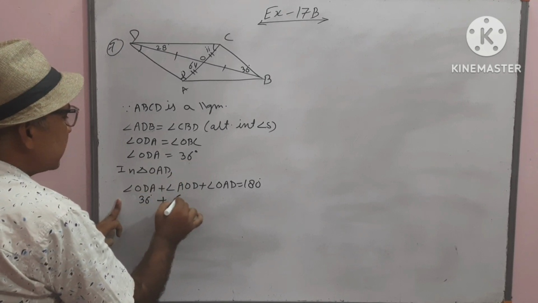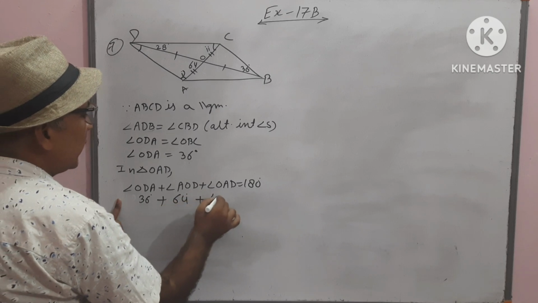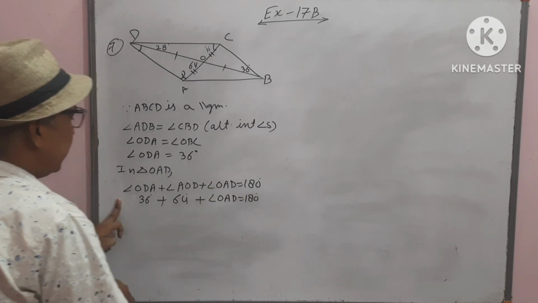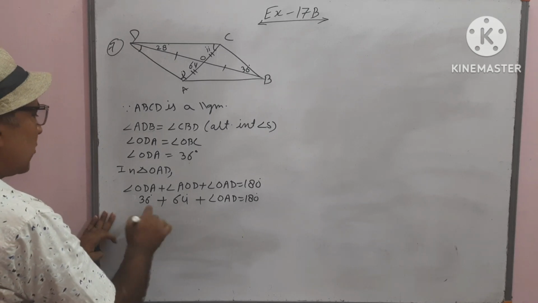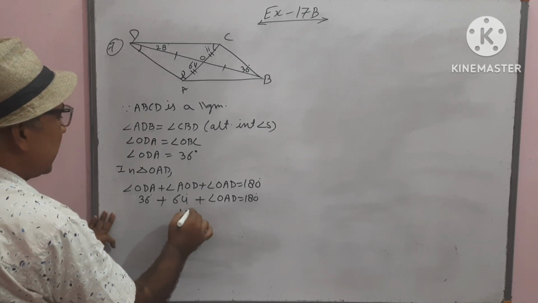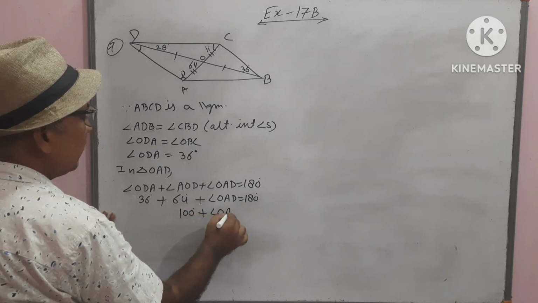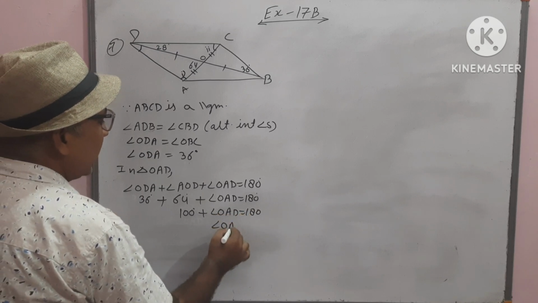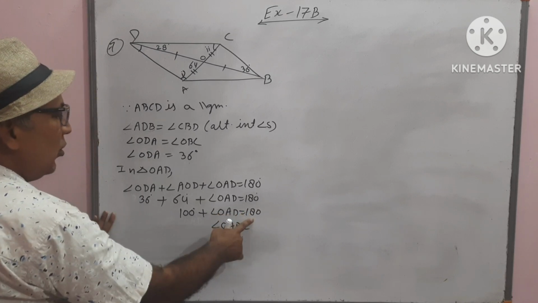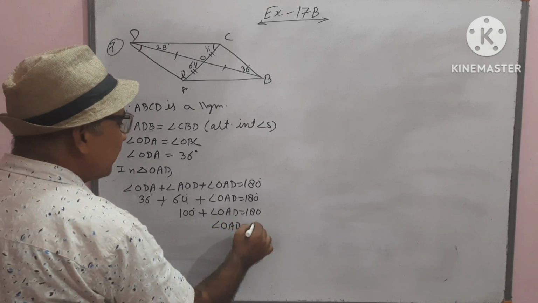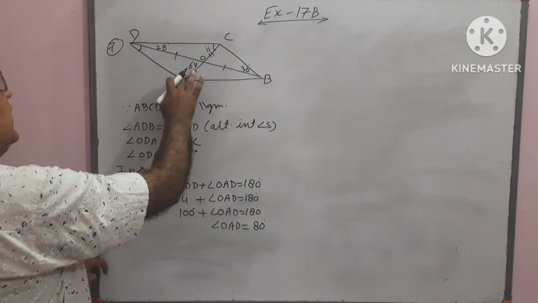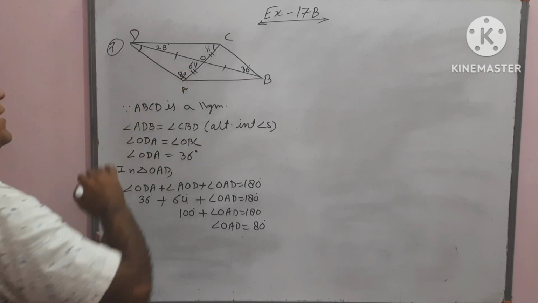Angle AOD is given in the question, 64 degrees, and angle OAD the question is asking. 64 plus 36 is 100 degrees. So 100 plus OAD is equal to 180. So angle OAD is equal to 180 minus 100, that is 80 degrees. This angle we have found, 80 degrees.